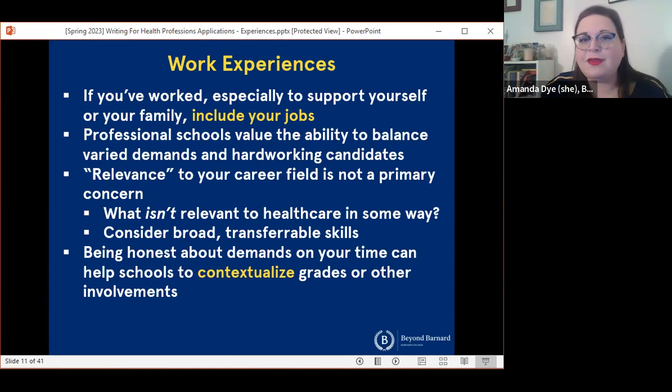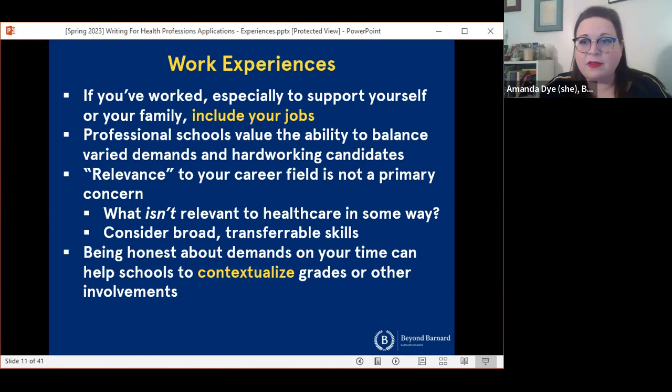When it comes to the type of work that you've done, the specific relevance to medicine or dentistry or other health professions is not the primary concern here. Many, many kinds of jobs are going to ask you to build or develop skills that are important for healthcare. Customer service skills, strong communication skills, these are things that come up in a lot of different kinds of jobs.